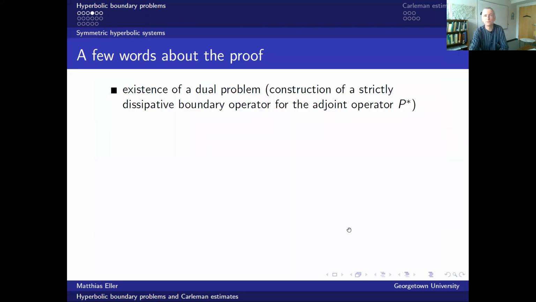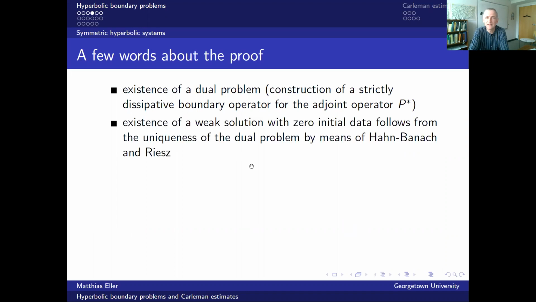Now, a few words about the proof. Once I have the estimate, I actually realize I need it for the dual problem. This is basically Friedrichs' idea from 1954. I look at the dual problem and I can also get a dissipative boundary operator for it. Existence of the weak solution follows by soft methods. That means Hahn-Banach theorem and Riesz representation theorem.